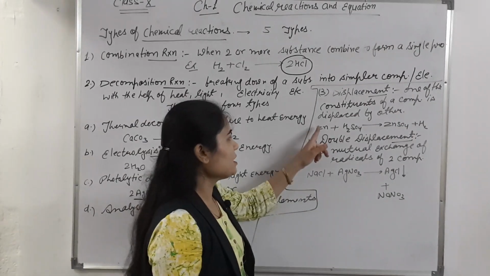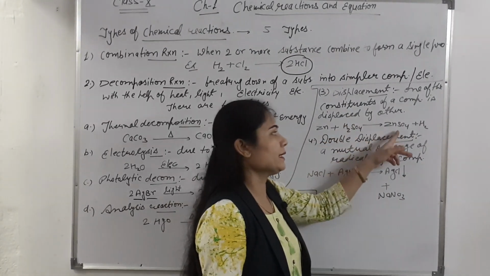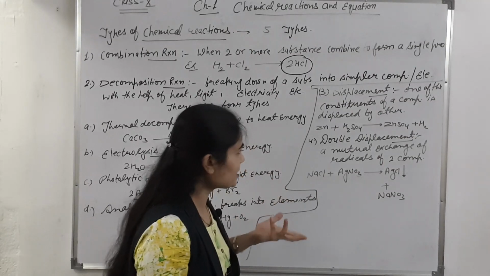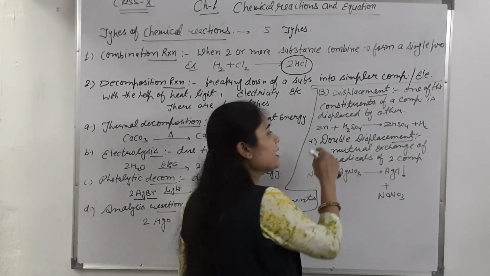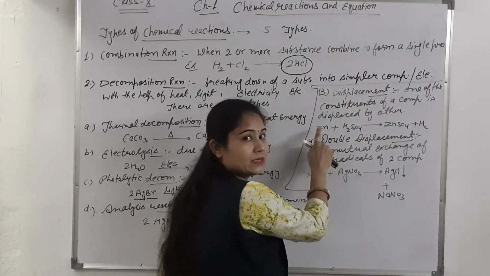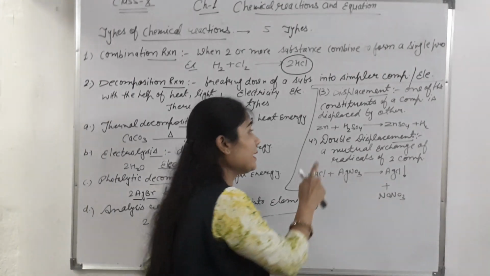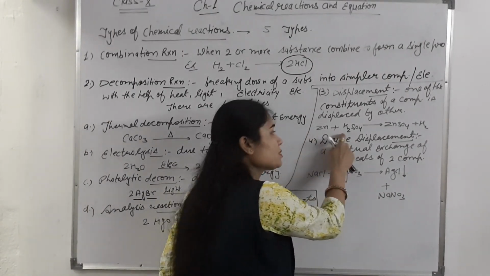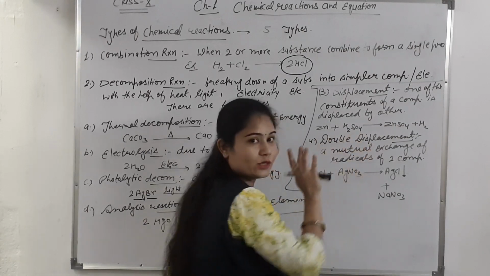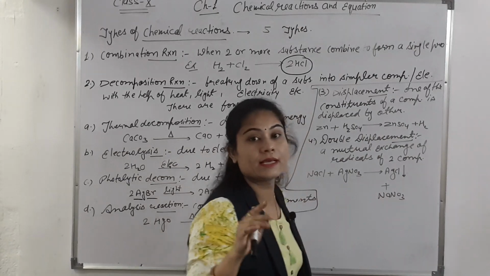When zinc reacts with sulfuric acid, it gives the product zinc sulfate plus hydrogen. Zinc is more reactive than hydrogen, so it has the property to displace the hydrogen in H2SO4, and it can easily give the product in the form of zinc sulfate.